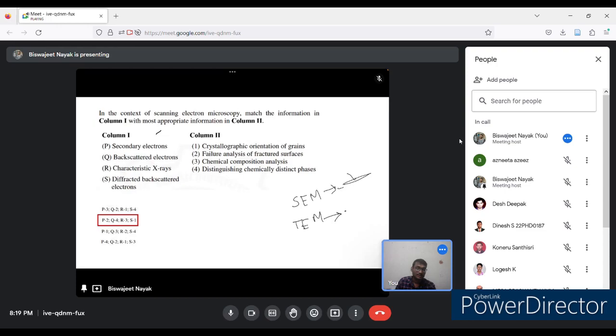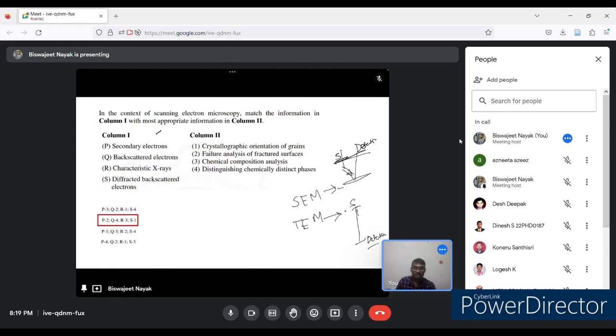So basically you may say the source and the detection are at the same position, but in TEM the source and the detector are in opposite directions.